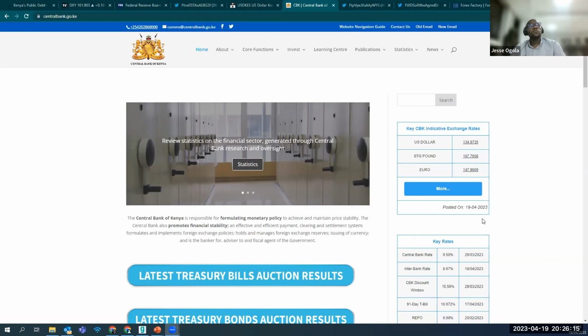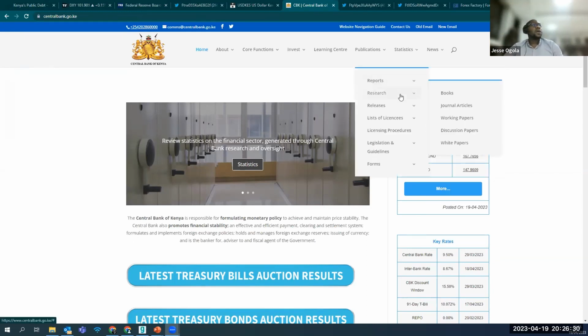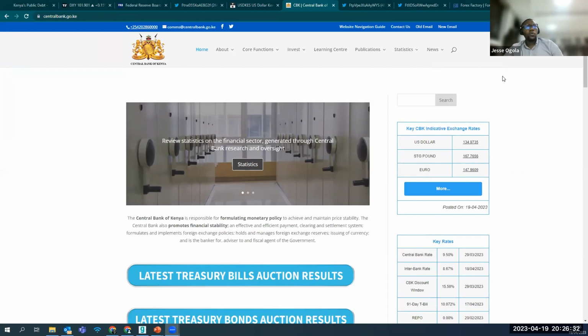Now, if the economy is not producing in a way that is matching how much we are consuming, that is importing from the global markets, it affects the strength of the currency. In the chart I showed earlier, within a year, the Kenya shilling has moved from around 115, 120 to almost 135 within that period.